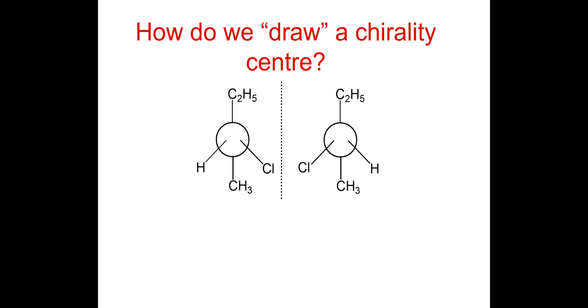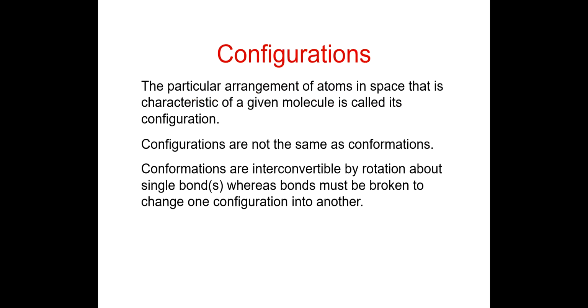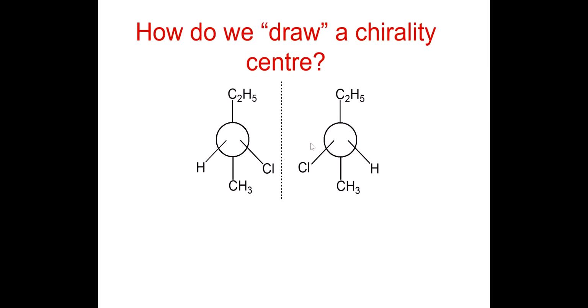So now we have a better understanding of a pair of enantiomers or optical isomerism. How do we draw a chirality center or stereogenic center, right? This is easy because this is the molecular model, right?